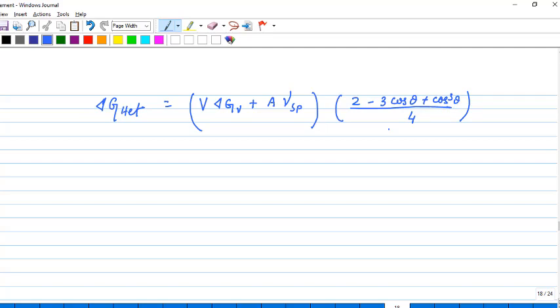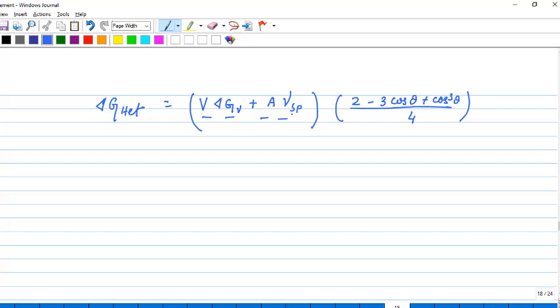As I said, this can be easily derived by a simple geometry. I am not going to do this here. Maybe you can take this up as an assignment and you can do it yourself. So this particular term actually is similar to the homogeneous nucleation, if you recall.